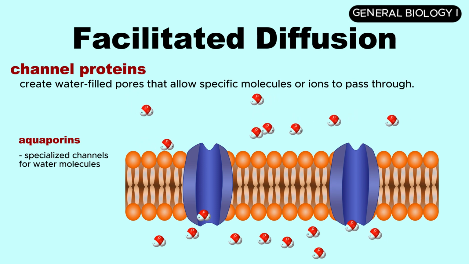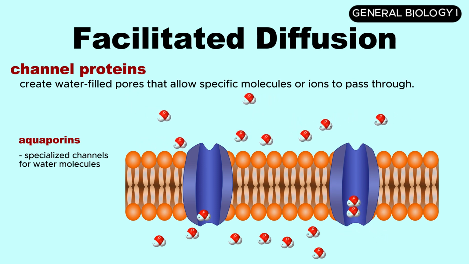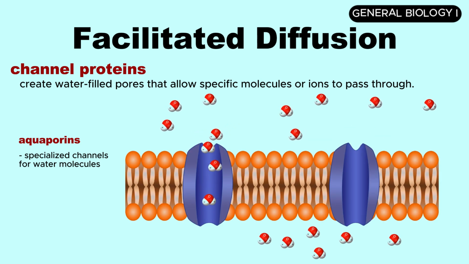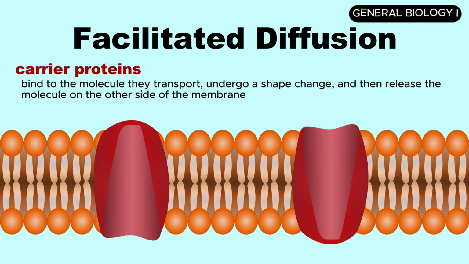These proteins facilitate the rapid movement of water into and out of a cell, playing an important role in balancing water levels, especially in cells like red blood cells or kidney cells. Carrier proteins bind to the molecule they transport, undergo a shape change, and then release the molecule on the other side of the membrane.